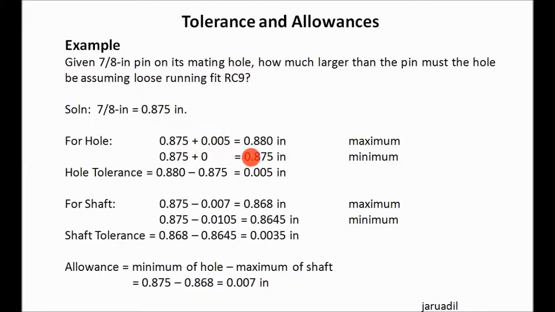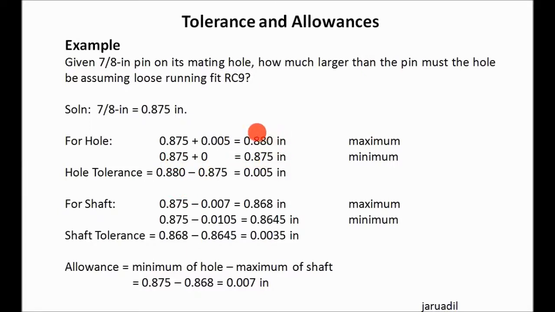So i-add mo yan, that becomes 0.880. 0.875 plus 0.005 is equal to 0.880. So this is your maximum dimension. Ngayon, yung isang tolerance niya is one way siya, di ba? Unilateral. So plus 0, mananatili siya.